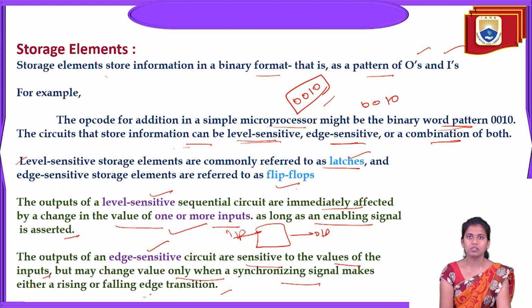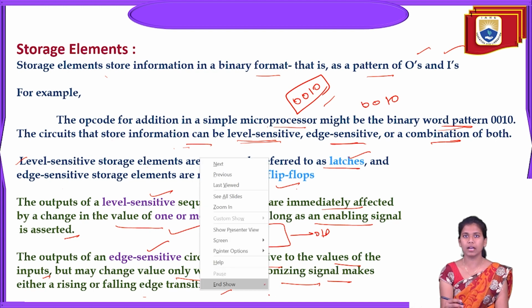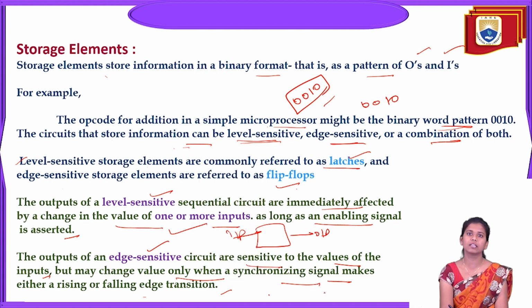Because of that common clock signal, we see the changes are only made when the synchronizing signal changes, either on a rising or falling edge. So the synchronizing effect occurs based on the synchronizing signal changes.